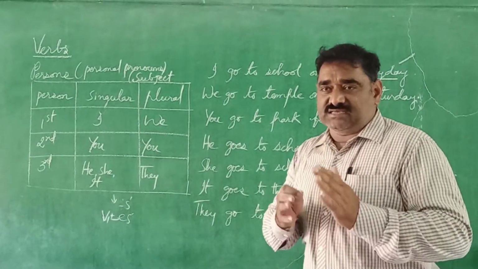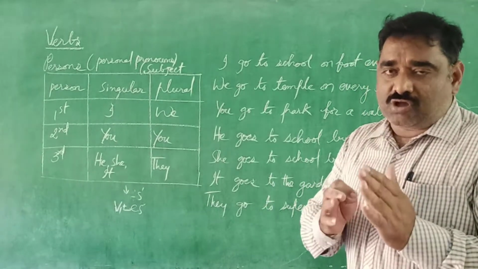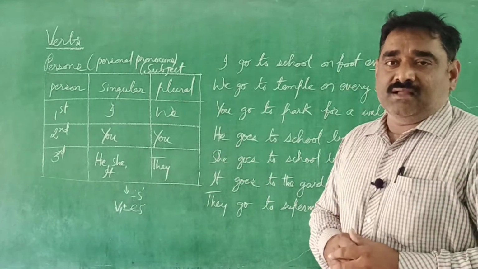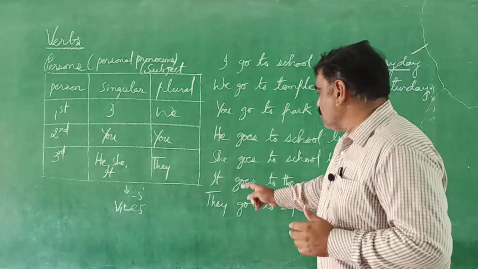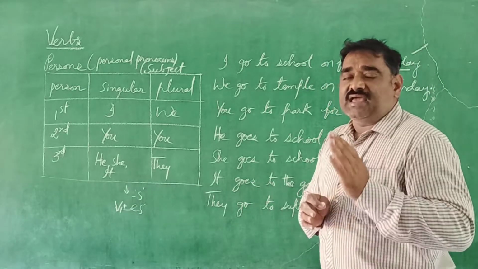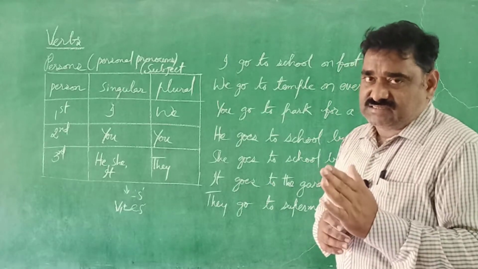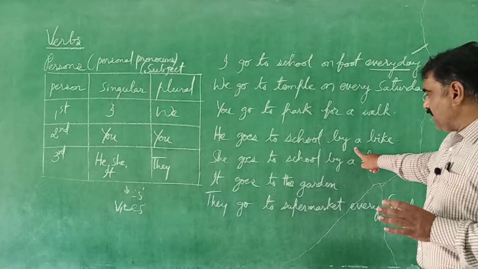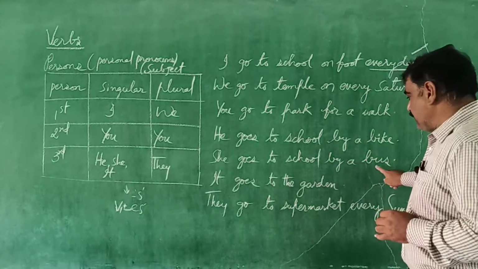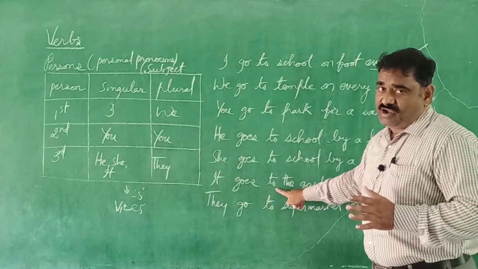Most students give scope to commit a mistake here. Third person singular, he, she, it: immediately you should write the verb by adding s or es. Did you catch the point? So he goes to school by bike, she goes to school by a bus, it goes to the garden.